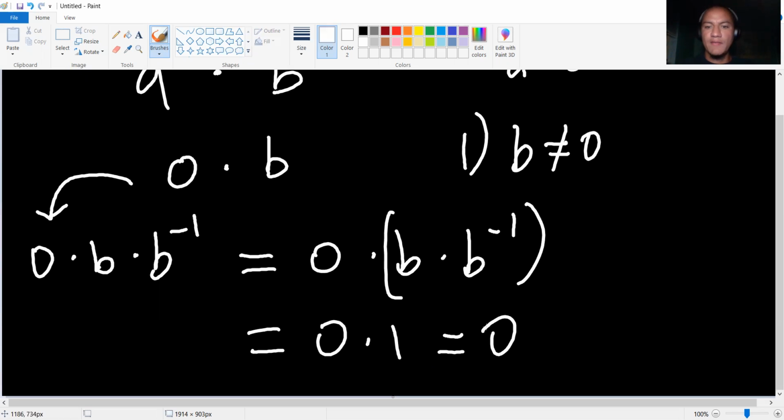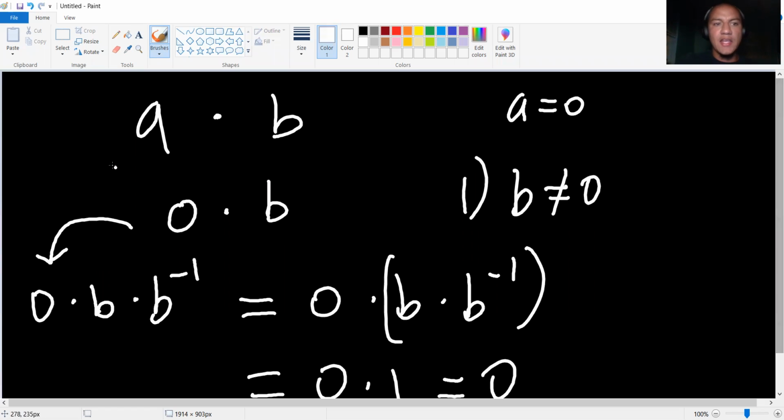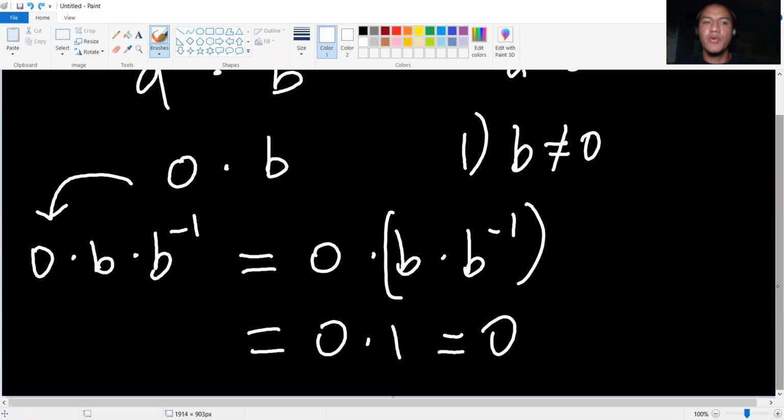And we have arrived at the conclusion that any number that's not 0, when multiplied by 0, will give you 0. So I've proven that 7 times 0 equals 0, 8 times 0 equals 0. For example, I'll rewrite it in green over here. 8 times 0. Well, I know 8 has an inverse, that is 1 over 8.